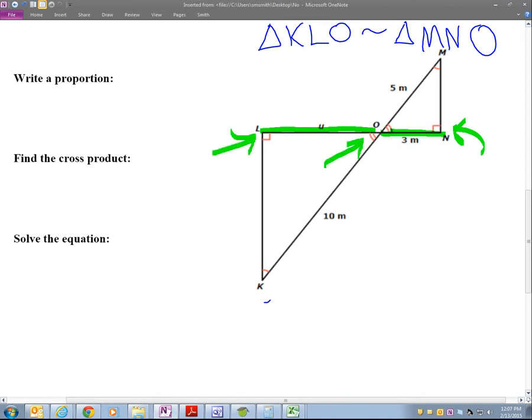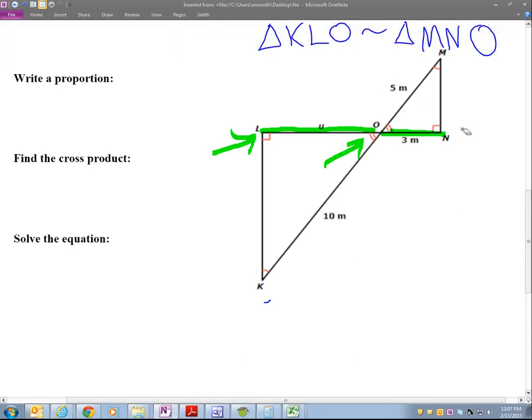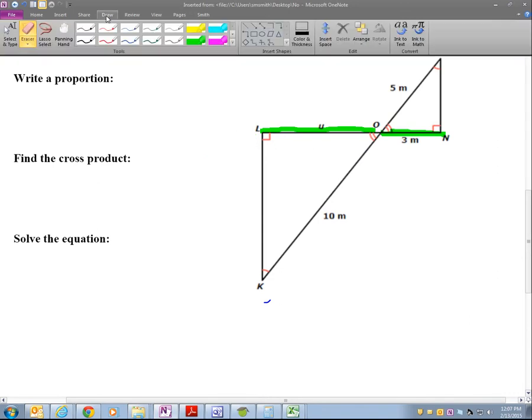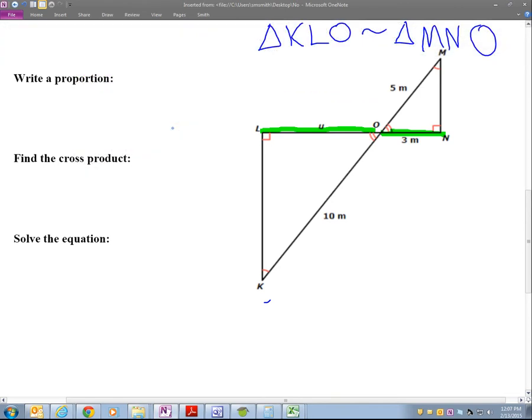Then we have two arcs in that angle, two arcs in that angle, so we can know that those are going to be the correct ones. What color am I using? Use blue. And then the other corresponding sides are going to be, we have an amount here, which is 10 meters, and we have an amount here, which is 5 meters. So those are going to be corresponding as well, right?